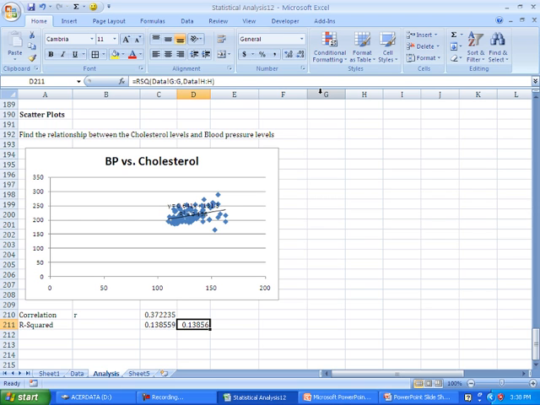Now probably just for practice, let's try to find the relationship between the IQ levels, IQ scores, and what else do we have as the variables?